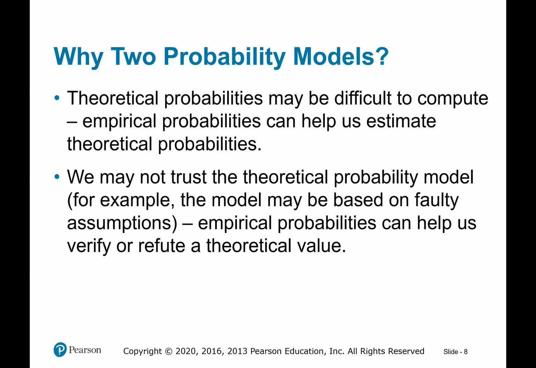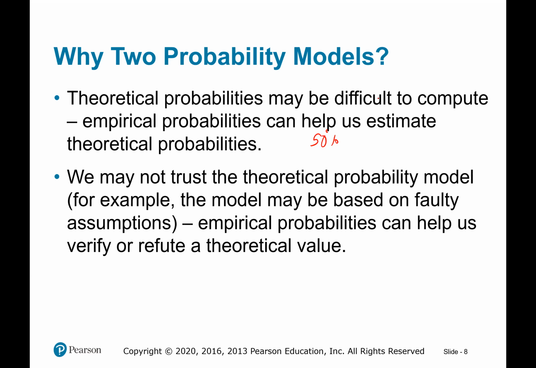We know that for getting a head, if I toss a coin for the long run, it should be about 50%, right? But it is difficult because you cannot repeat it infinitely many times.